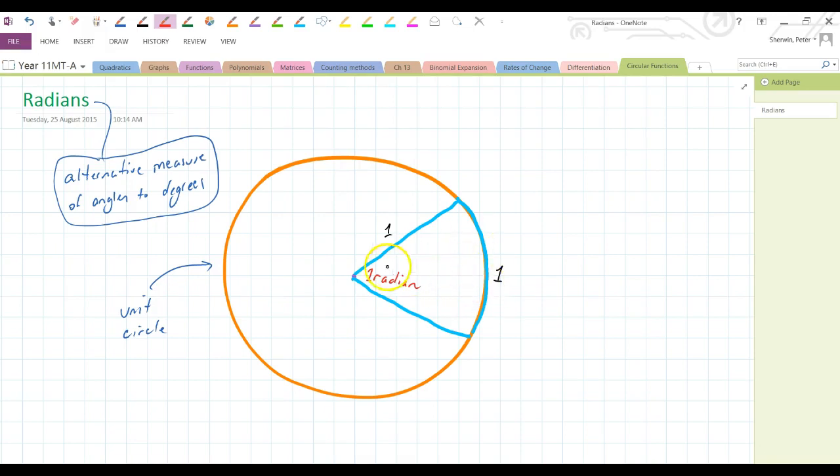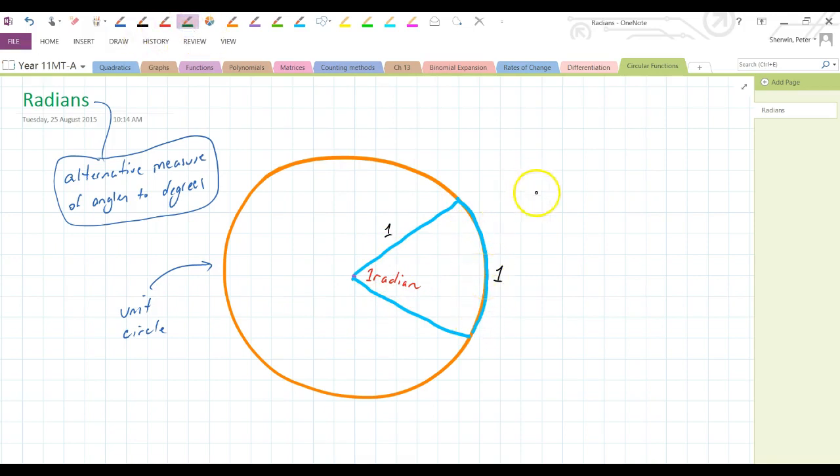Radian's really useful. Look at that. 1 radian here. This angle here is relative to that arc length there. So 1 radian is defined as the angle at the center of a circle, the center of the unit circle, that subtends an arc length of 1 unit. Wow, that's a good sentence.